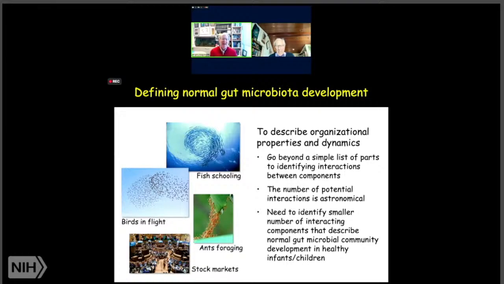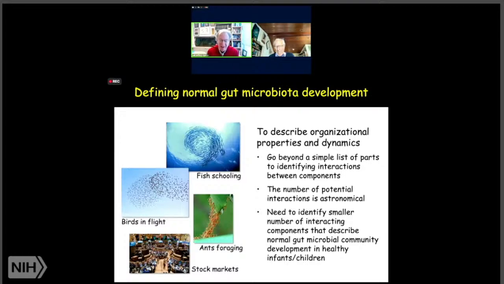Similarly, you would never be able to appreciate the dynamism and the organizational properties of birds in flight or ants foraging. So how are we going to be able to do feature selection and identify a smaller number of interacting parts in the gut microbiota that might describe across a population normal community assembly?